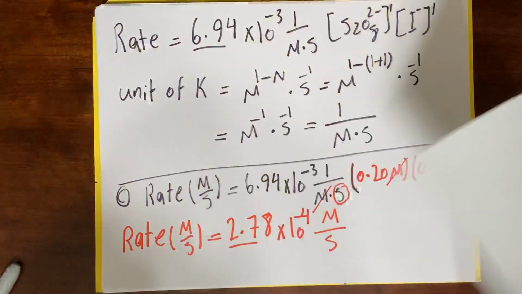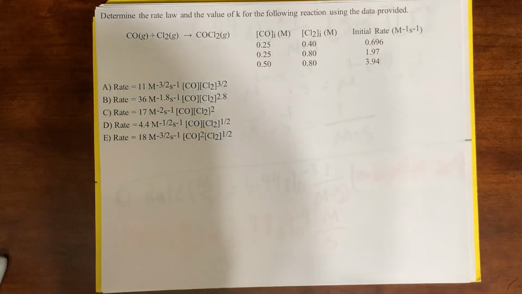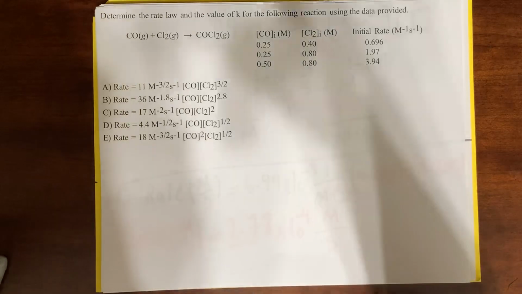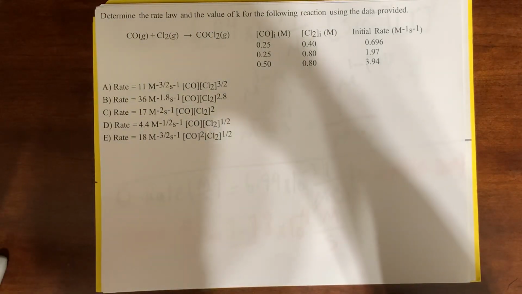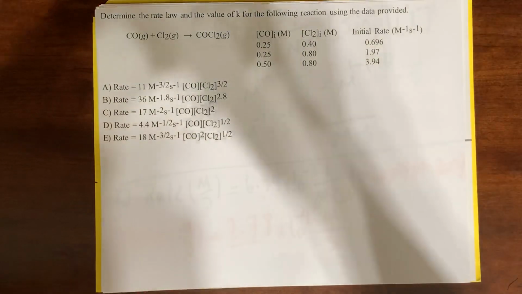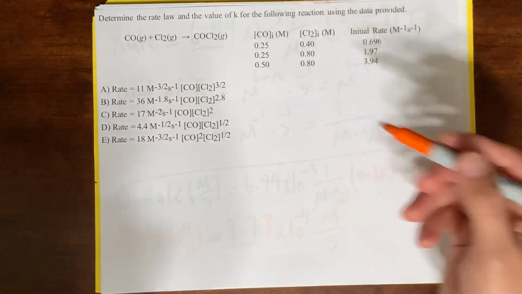Okay, so I want you to go through this one. It says find the rate law and get the K for it. When they say find the rate law, that means find the exponents for CO and Cl2.